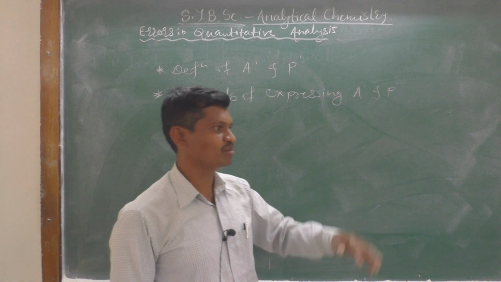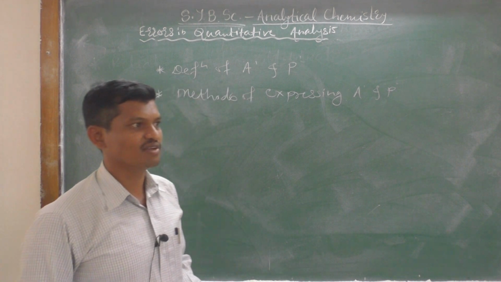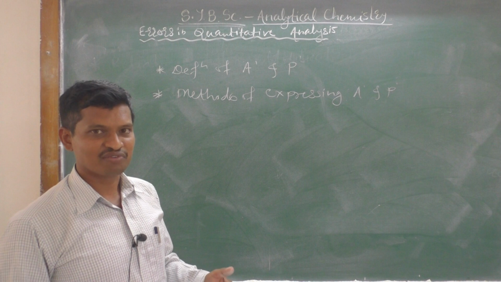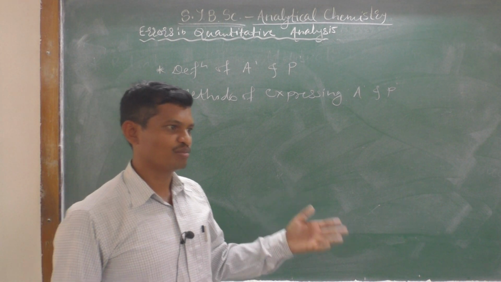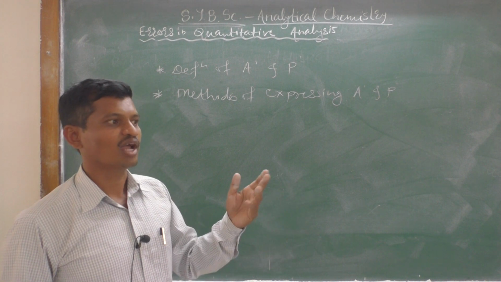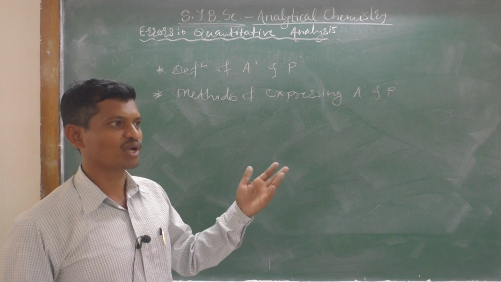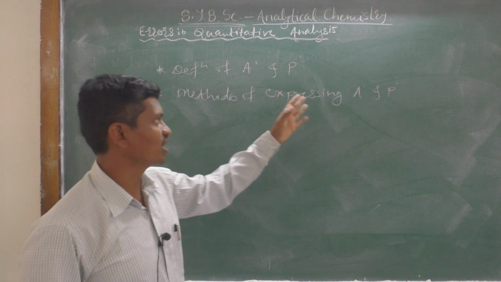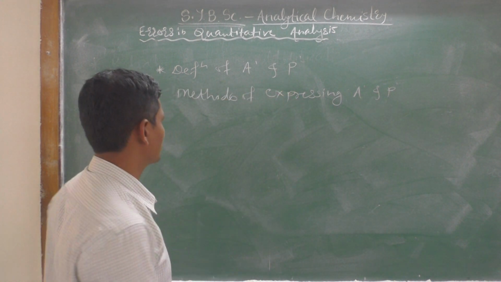But precision can be expressed in a number of ways, that is deviation, mean deviation, and standard deviation. These are the different ways to express precision. A number of formulae are there, and we used all of them to solve numerical problems based on this.